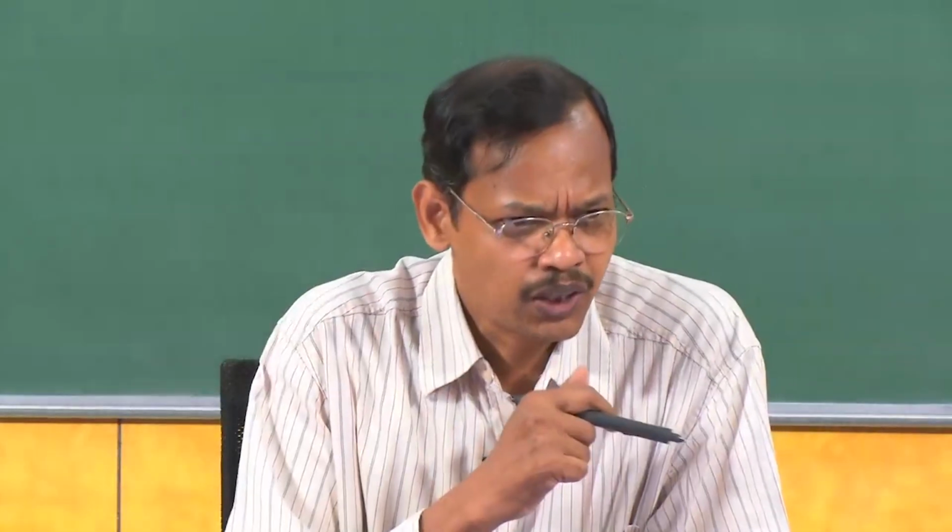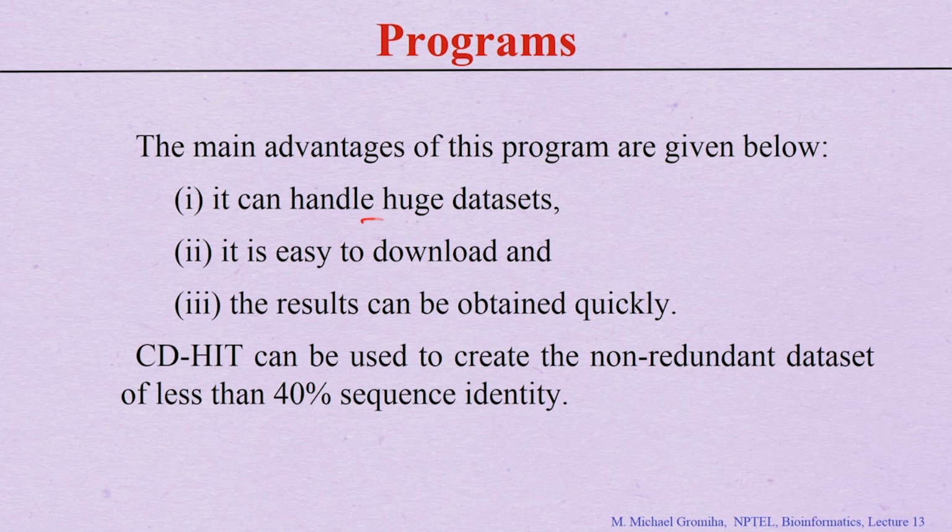What is the use of this program? Why is CD-HIT very popular? Because this program handles huge data sets. Even if you have thousands of data, it can handle them and give you the results very quickly. Then it is easy to download.